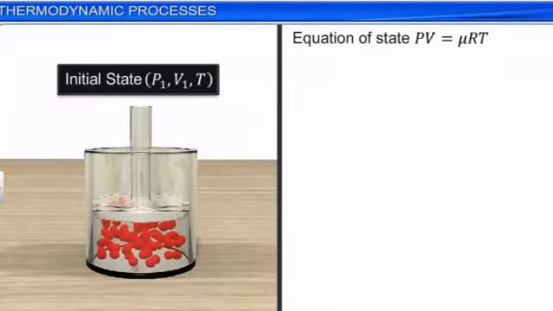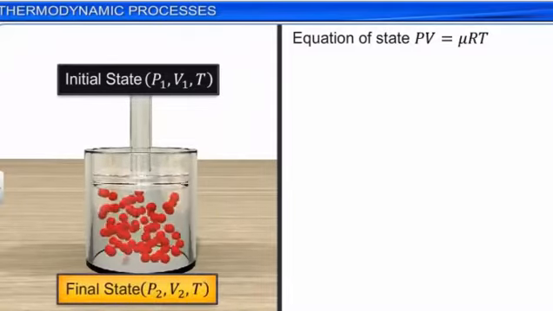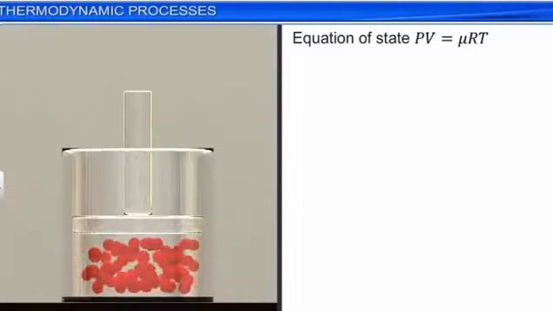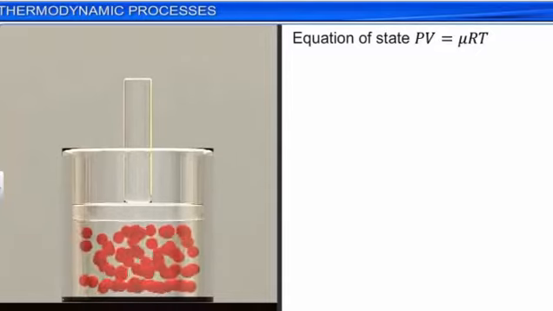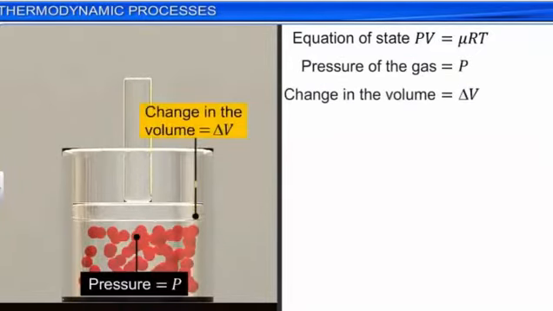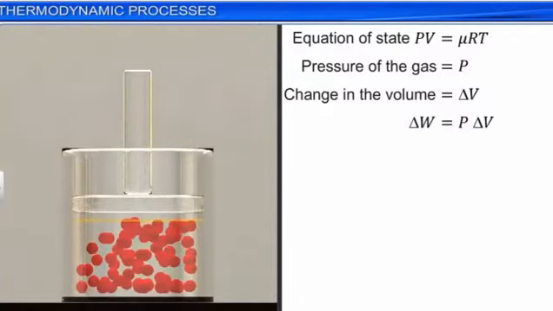Assume that the gas is isothermally taken to a final state P2, V2, T by expanding the gas. At an intermediate state, if the pressure of the gas is P and the change in its volume is delta V, then the work done by the gas during this process delta W is equal to P delta V.